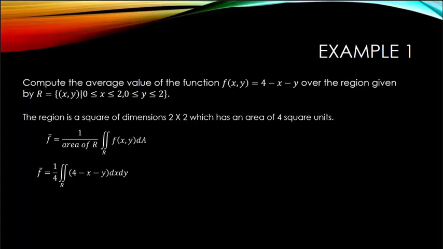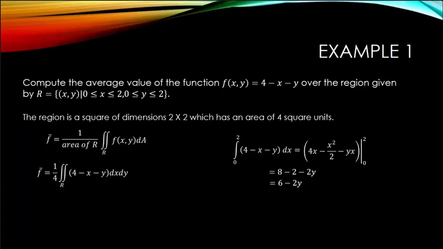The inside integral is the integral from 0 to 2 of 4 minus x minus y dx. This gives me 4x minus x squared over 2 minus yx evaluated from 0 to 2. I get 8 minus 2 minus 2y, which reduces to 6 minus 2y.